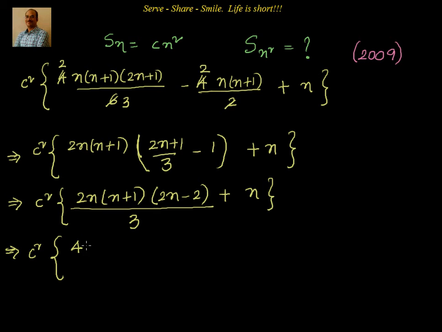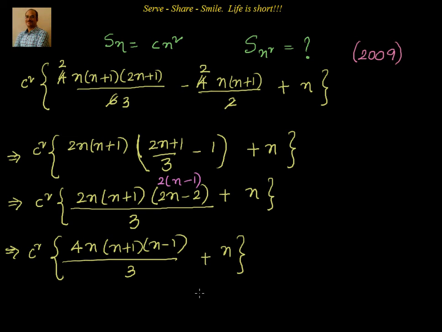Then 2 into 2n minus 2 is 2 into n minus 1, so 2 into 2 is 4: 4n into n plus 1 into n minus 1 divided by 3, plus n.